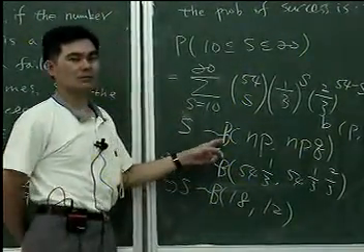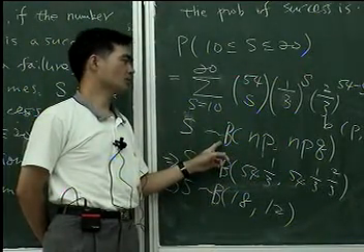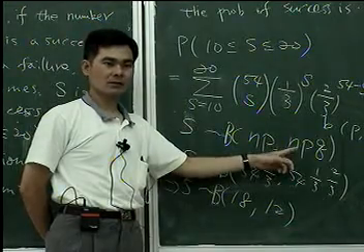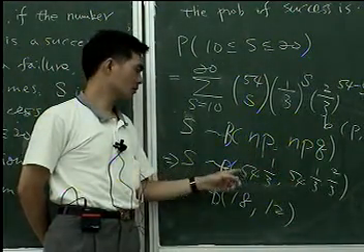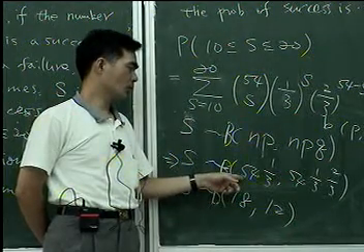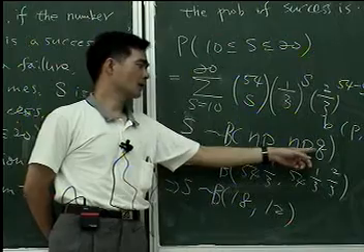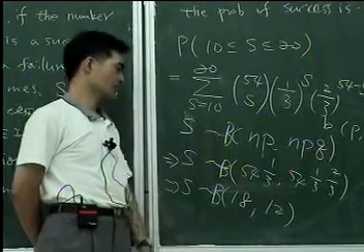Since we know this is a binomial distribution, the mean is this and the variance is this. The number of experiments, the sample size, is 54. The probability of success is 1/3, and the probability of failure is 2/3. So in this case, we can get to this part.